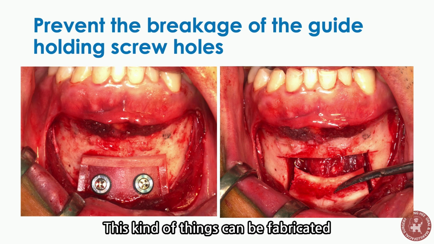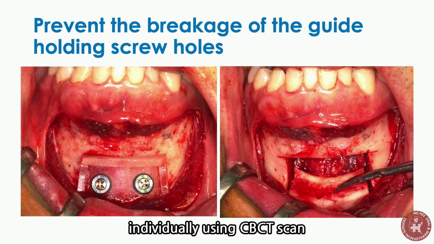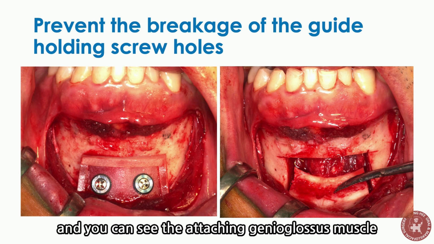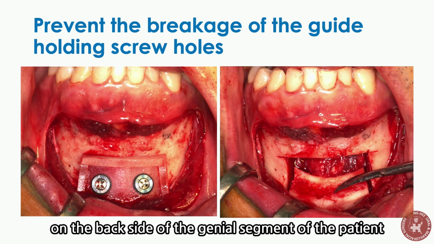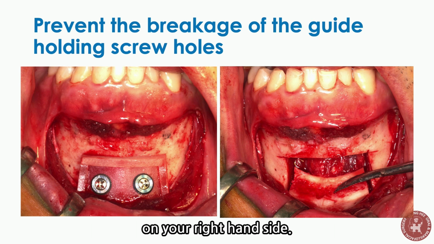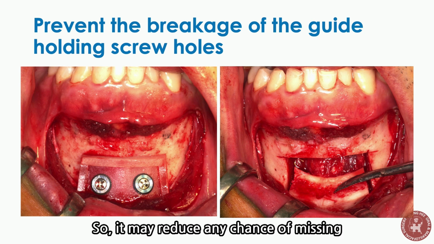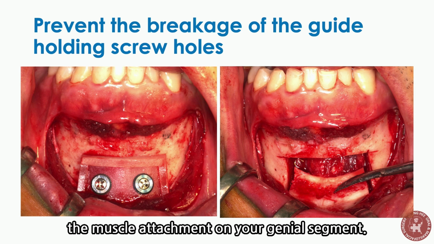This kind of guide can be fabricated individually using a CBCT scan, and you can see the attaching genioglossus muscle on the back side of the genial segment of the patient on your right hand side. So it may reduce any chance of missing the muscle attachment on your genial segment.